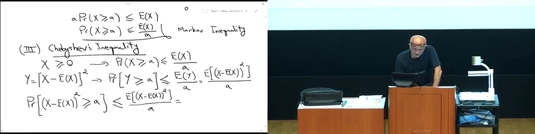But what do you recognize the right-hand side's numerator as? The variance of X over a.